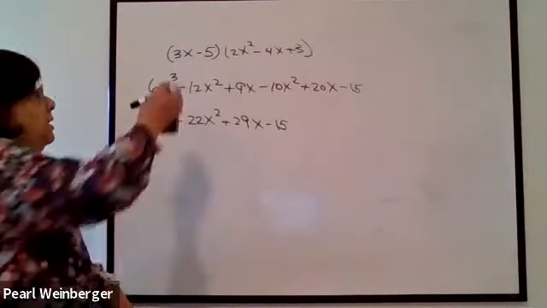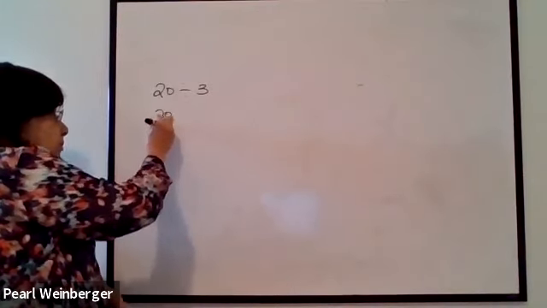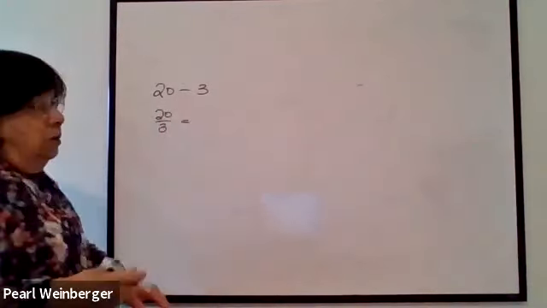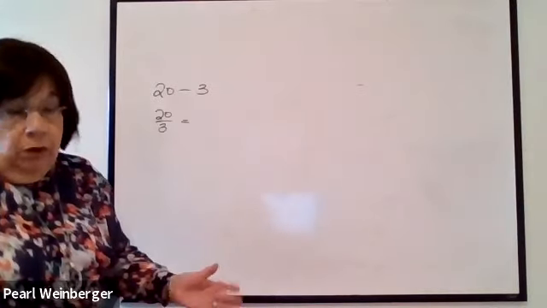I could give you a question like this: divide. Take 20 and divide it by 3. Now, you could put it into your calculator, 20 divided by 3. You could also write it as 20 over 3. And actually, there's not much more you can do with this unless you want an answer in decimal form.